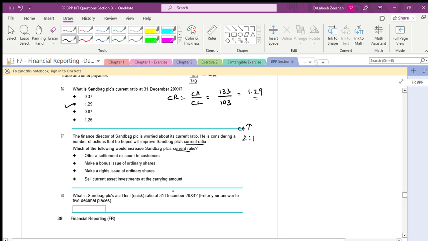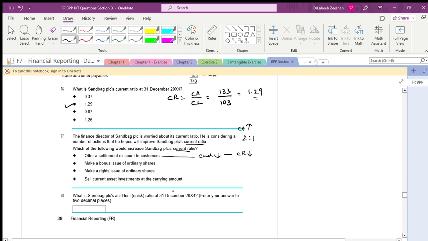How can we increase the current assets? Offer settlement discounts to customers. When you offer settlement discounts to customers, cash will decrease. When cash is decreasing, the current ratio will also decrease.